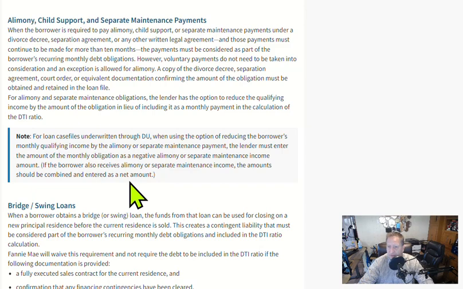I'm trying to process that and comprehend it. The lender must enter the amount of the monthly obligation as a negative alimony or separate maintenance income amount. Okay, so you put this in income as negative in DU. So there's the answer on alimony, child support, and separate maintenance agreements.